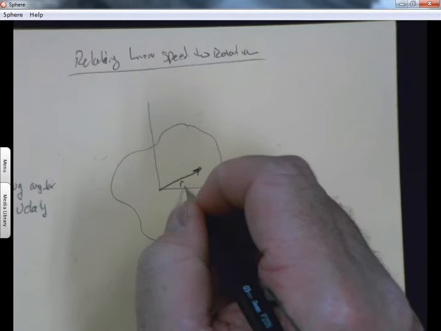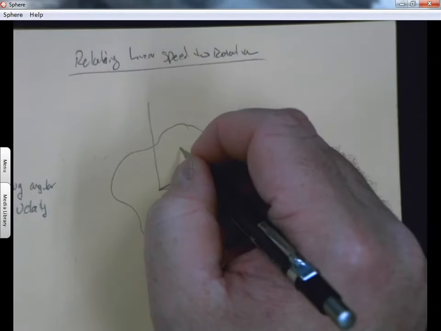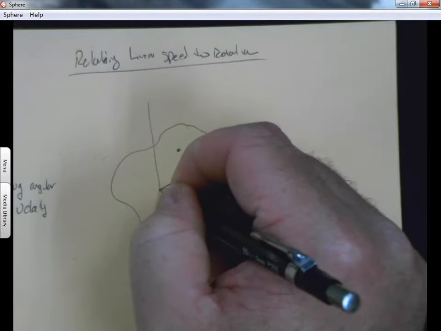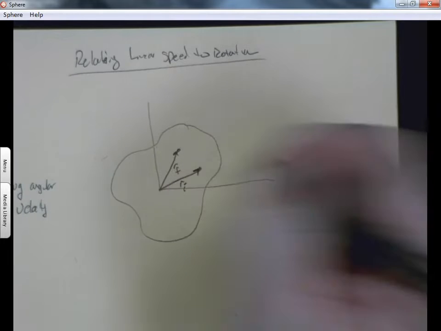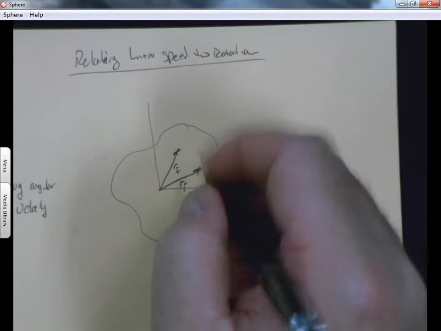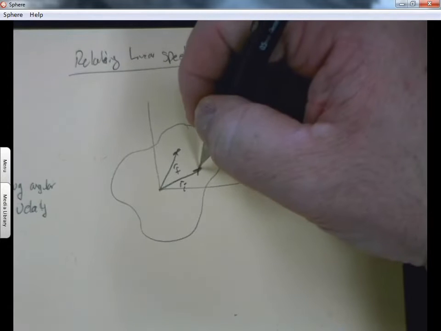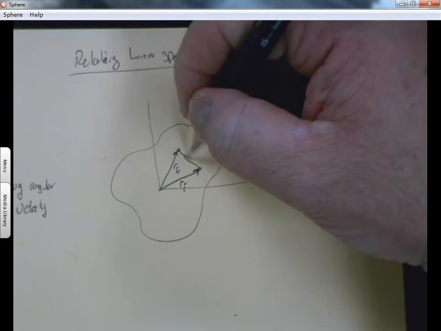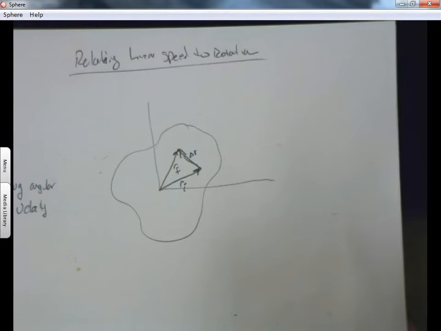So we can call this Ri from the axis of rotation, and this point right here would be R final. As we go from Ri to R final, this right here is our delta r, right?